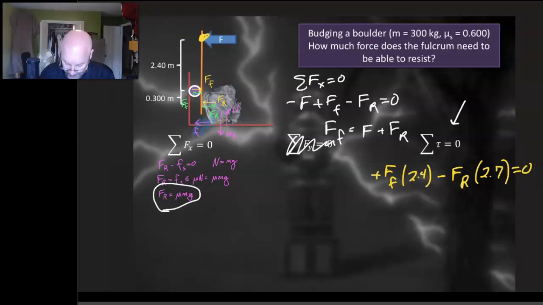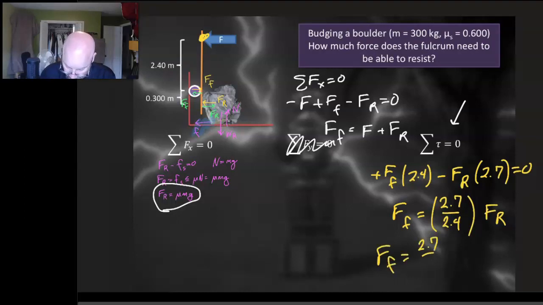Anyway, we can see my force on the fulcrum is going to be this ratio, 2.7 divided by 2.4, times whatever the rock is doing.